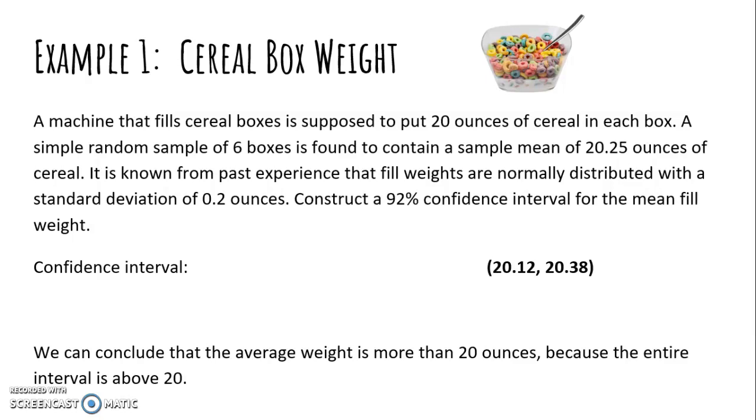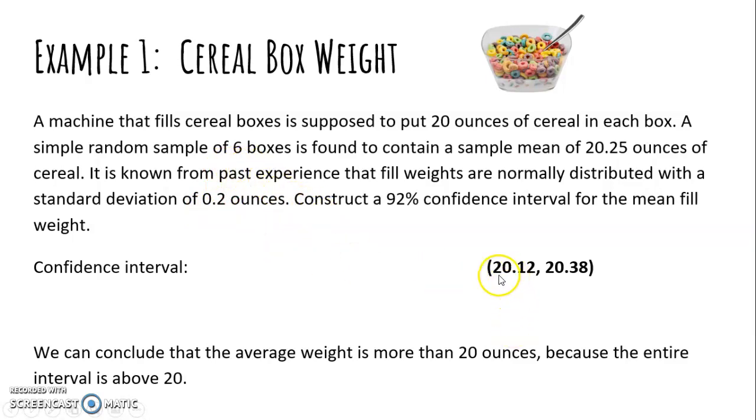Now, we did this back when we studied confidence intervals. When it said that from past experience the standard deviation is known to be 0.2 ounces, that told us it was a population standard deviation, and since we were looking for the mean, we used the formula for a z-interval, or we used the calculator for a z-interval.